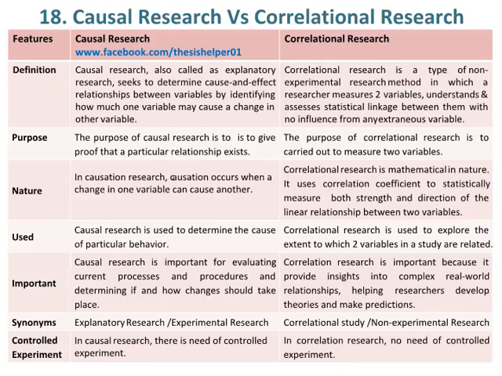Synonyms of causal research are explanatory research or experimental research, whereas synonyms of correlational research are correlational study or non-experimental research. In causal research, there is a need for a controlled experiment, whereas in correlational research, there is no need for a controlled experiment.